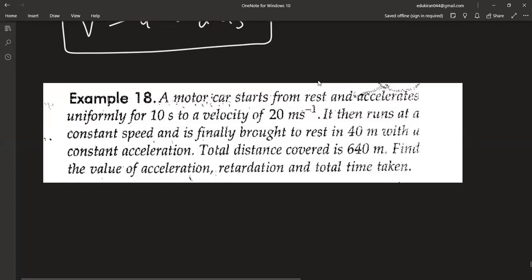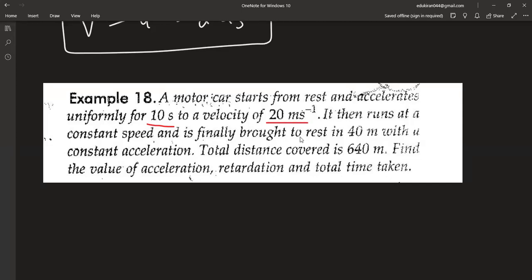So see this: a motor car starts from rest and accelerates uniformly for 10 seconds to a velocity of 20 meter per second. It then runs at a constant speed and is finally brought to rest in 40 meters with a constant acceleration. So what all things we have? It is starting from rest, accelerates uniformly for 10 seconds, velocity 20 meter per second.